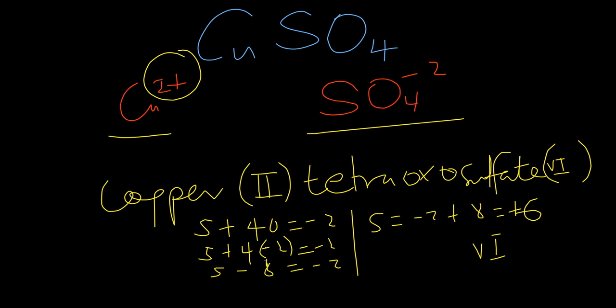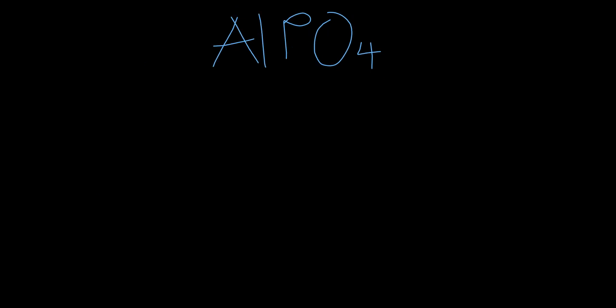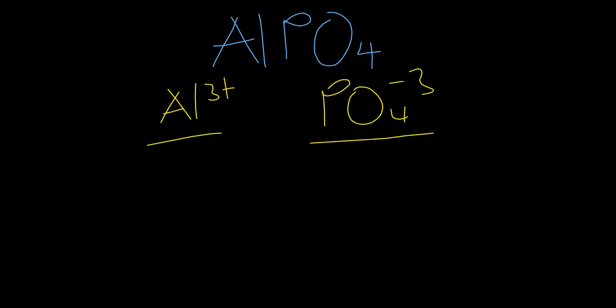So we have this compound, and this compound has aluminium 3 plus. It also has the oxo-anion PO4 minus 3. So we name the two separately and join the names together. So first, that will give us aluminium.